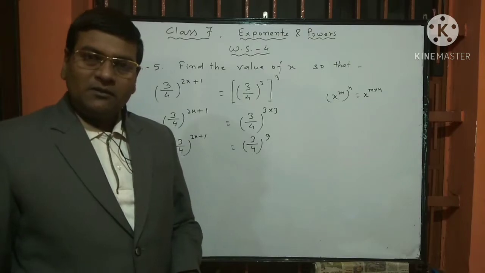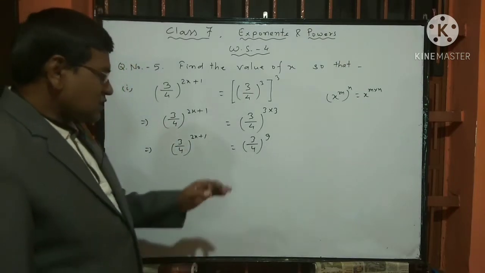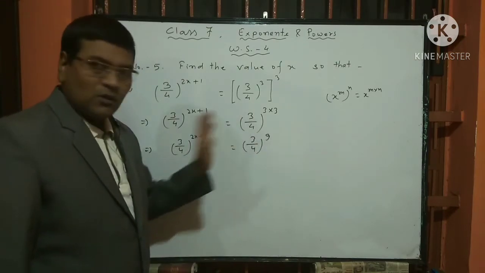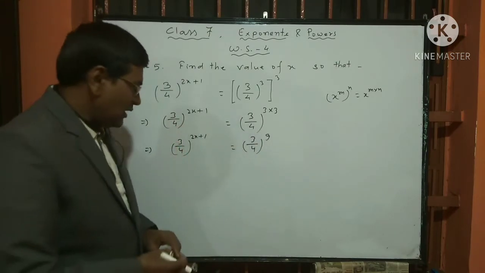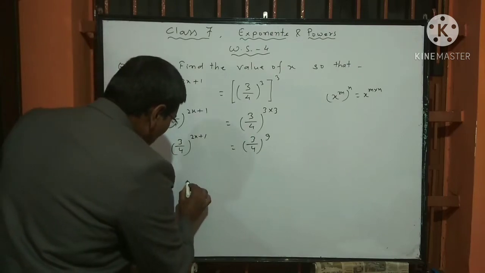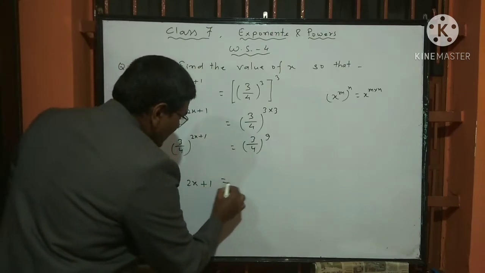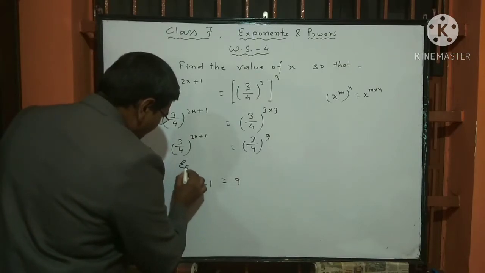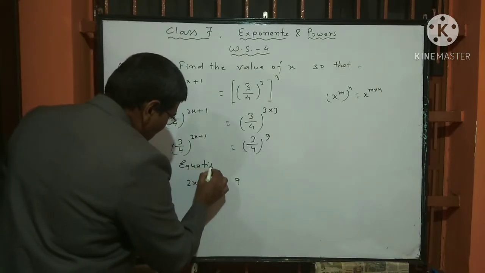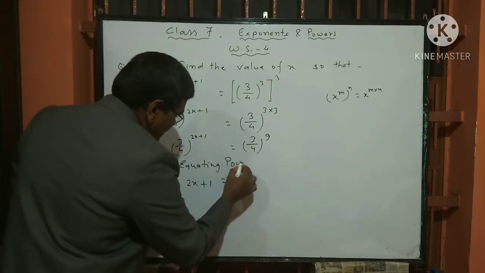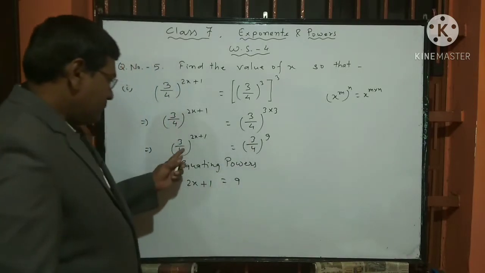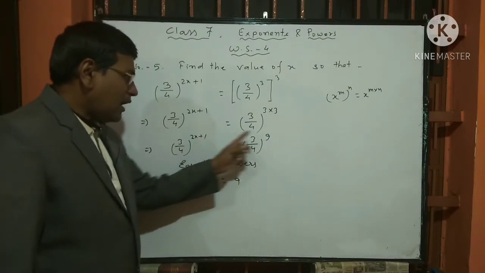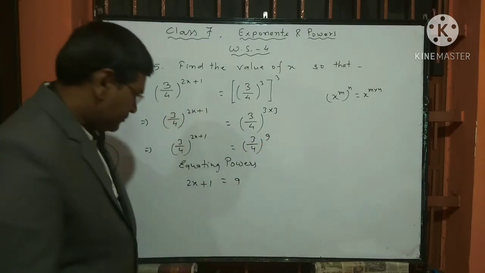How can it be possible? It is possible only when their powers are equal. So we write here 2x plus 1 equals 9. This is called equating powers. If bases of both sides are equal, then their powers will be equal.